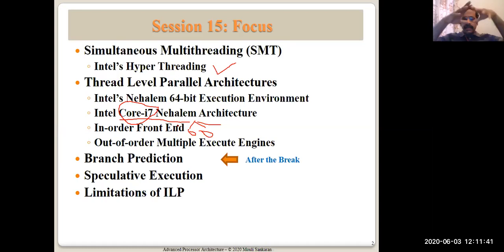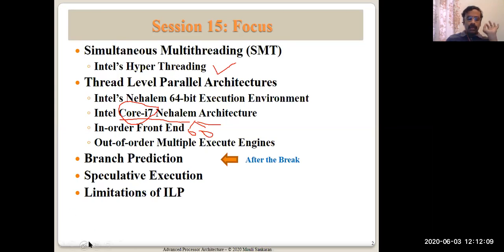Nehalem architecture is like a superset, and individual processors designed and released to the market by the company may be different. They have a different number of cores, maybe the amount of cache will be different. So they all change, but they all follow the same Nehalem architecture, meaning they follow the same philosophy, the same architectural features in implementing them.